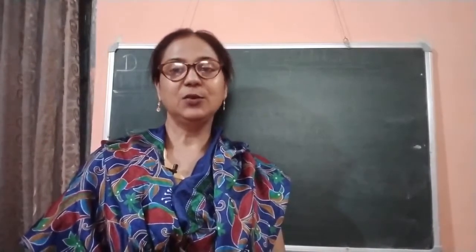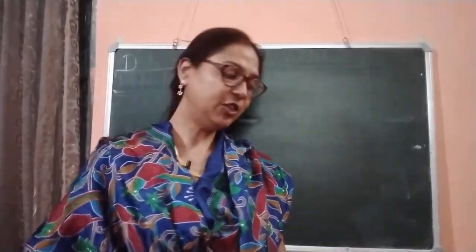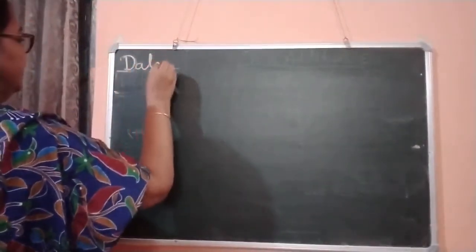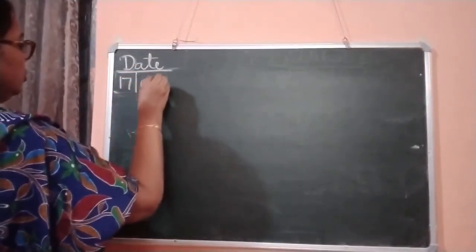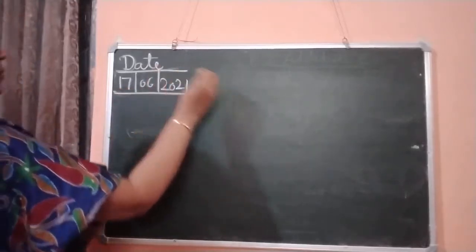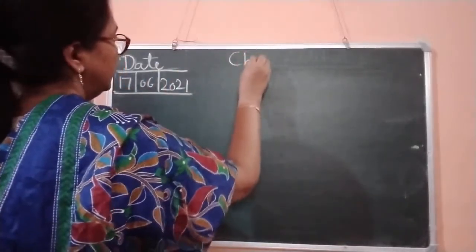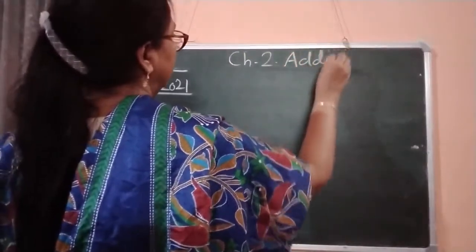Okay children, so first of all we should write the date and our chapter name. So let's start children. Today is 17 June 2021. Okay, and we are studying chapter number 2, that is addition.